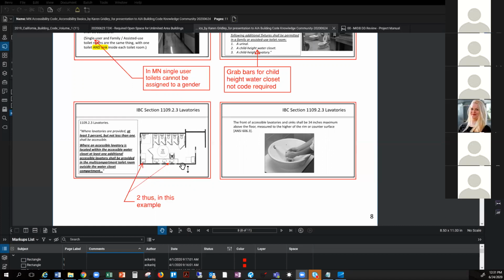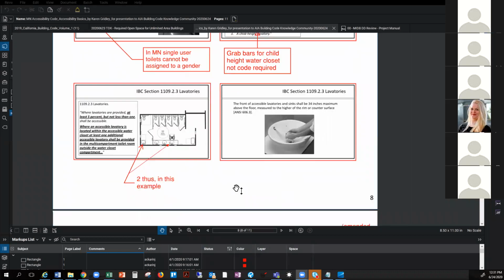But then you still need to allow for at least 5%, but not less than one, shall be accessible. But now it's saying an additional accessible lavatory would then have to be put out here. So it's not like you get the benefit of providing your one and then you call it good. Yes, you could, depending on where it is placed. So just heads up on that.